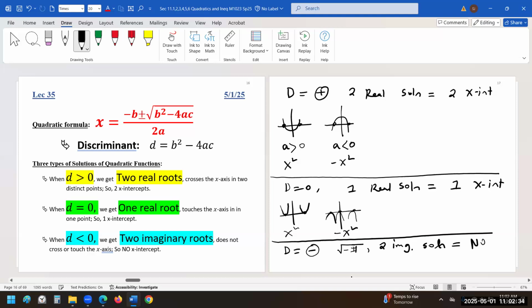So we get no x-intercepts. An x-intercept has to be real, and we get the x-intercept when you cross the x-axis. For imaginary numbers, we do not cross the x-axis. So we have maybe something like this, for positive x squared, or we have something below the x-axis, for negative x squared.